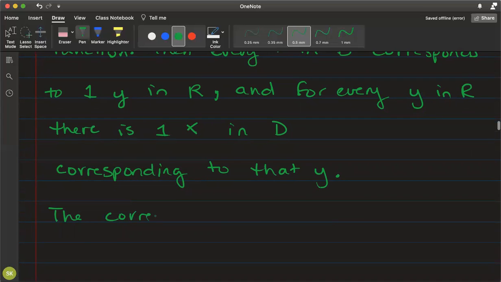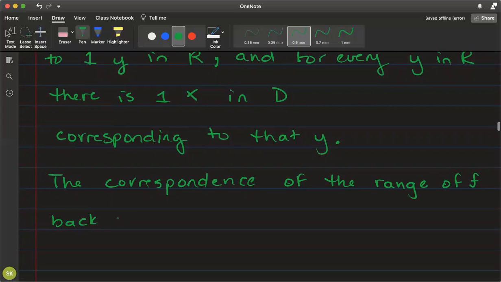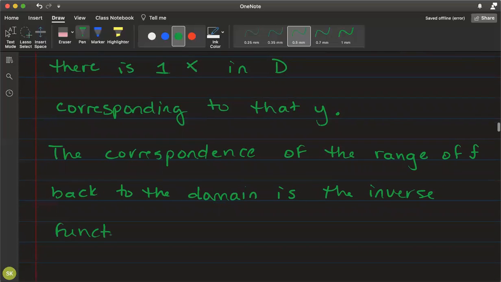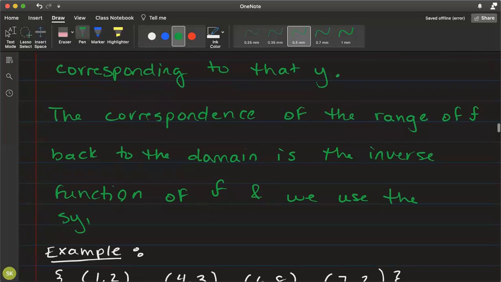The correspondence of the range of f back to the domain is the inverse function of f, and we use the symbol f raised to the -1.